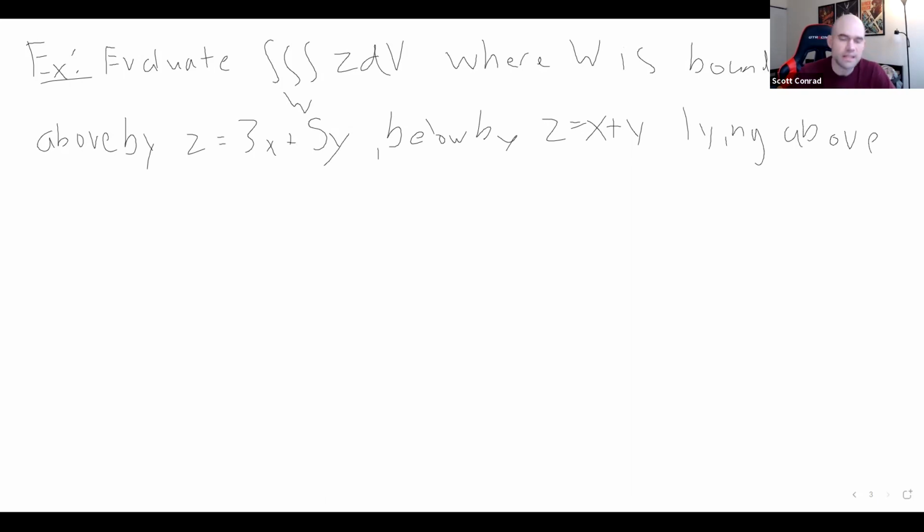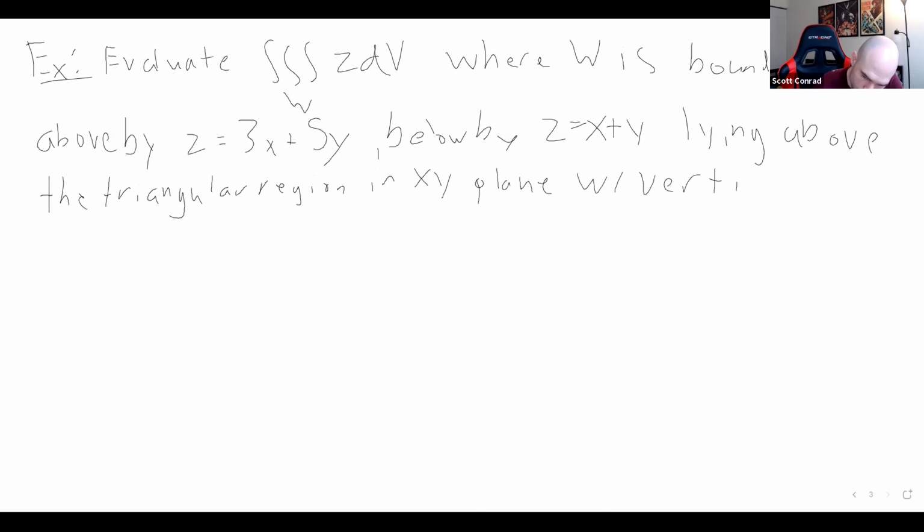And this region is going to lie above the triangular region in the xy plane with vertices (0, 0), (0, 1), and (1, 0).